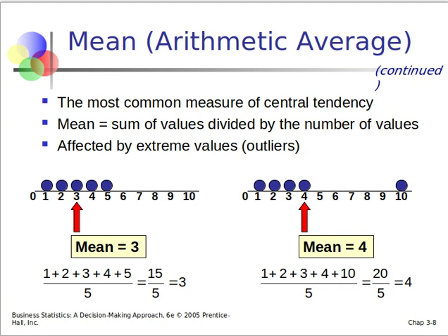The mean, or the arithmetic average, is the most common measure of central tendency. Central tendency talks about where in the data set is the center, or asang yang tunga-tunga, yung sentro.